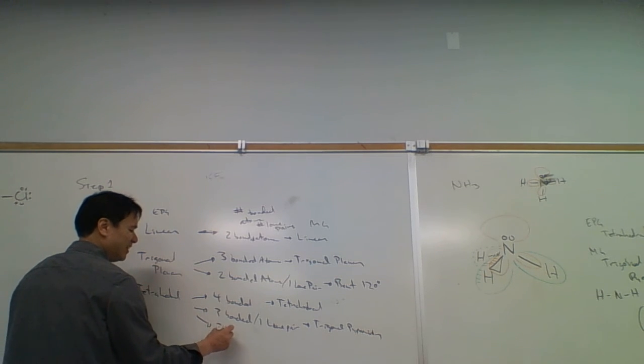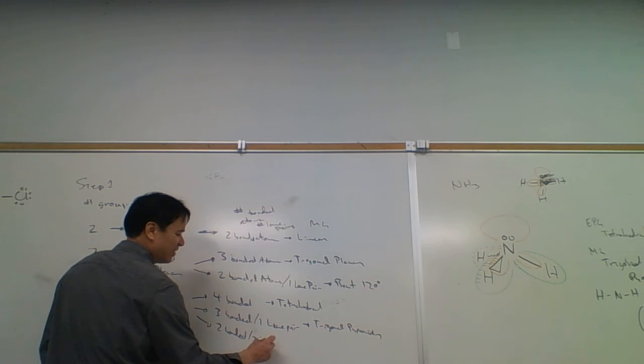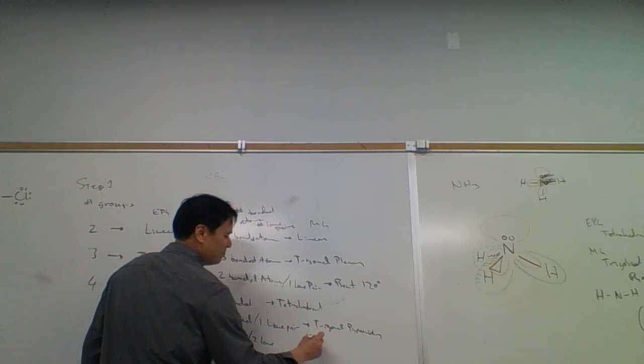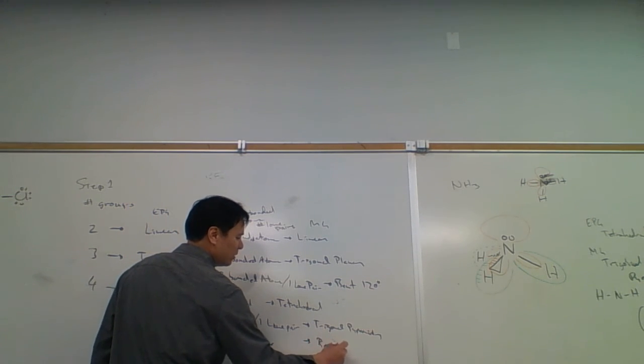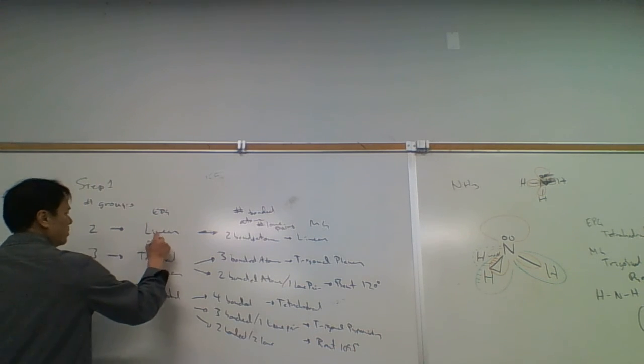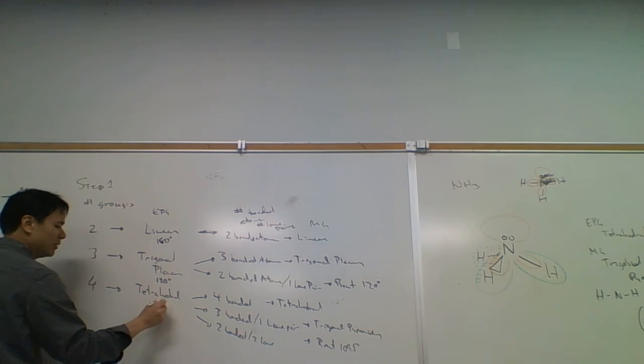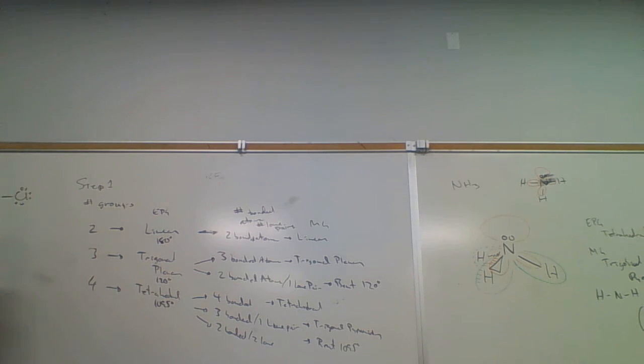Then two bonded with two lone pairs, which gives us bent, but this bent is going to be at 109.5. This is over here. This is 180. Linear is 180, trigonal planar is 120, tetrahedral is 109.5 degrees. Just kind of remember.